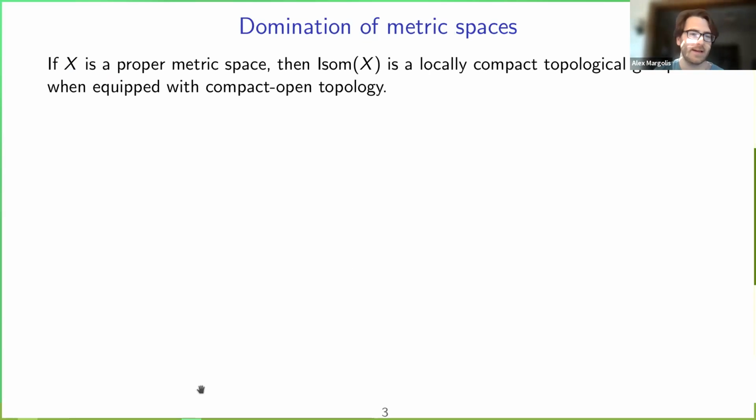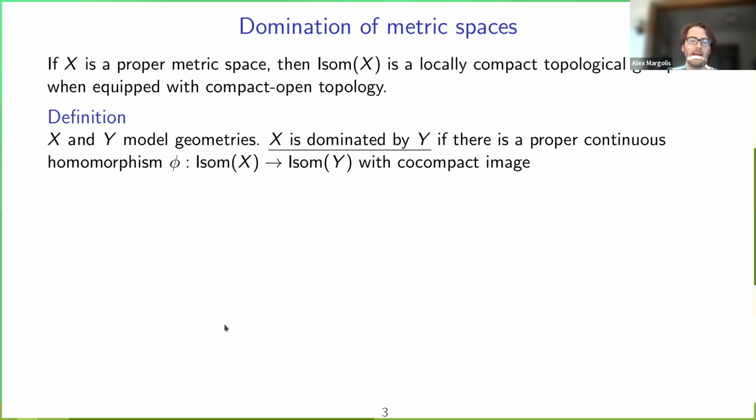So first thing to say is that if we have a proper metric space, then the isometry group of that space you can think of as a locally compact topological group when you equip it with the compact open topology, or equivalently the topology of pointwise convergence. And throughout this talk, when I talk about Isom X, I'm going to assume it's a topological group in this way.